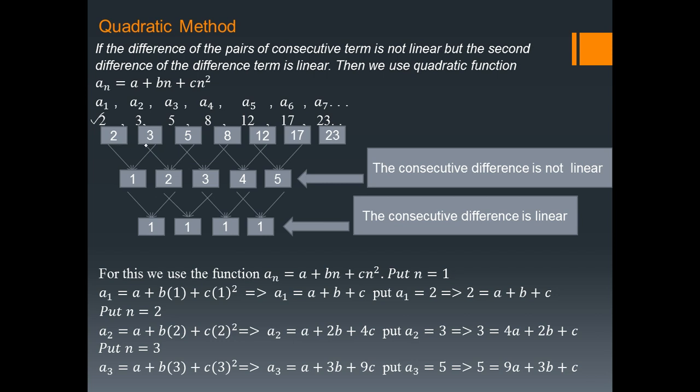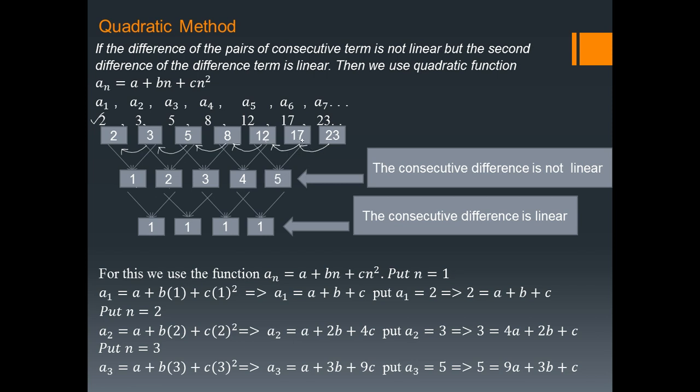If we are subtracting 2 from 3, we are getting 1. But if we are subtracting 3 from 5, we are getting 2. And if we are subtracting 5 from 8, we are getting 3. Subtracting 8 from 12, we are getting 4. Subtracting 12 from 17, we are getting 5.